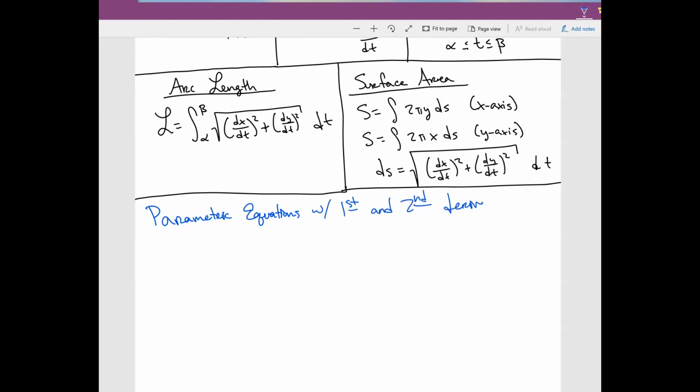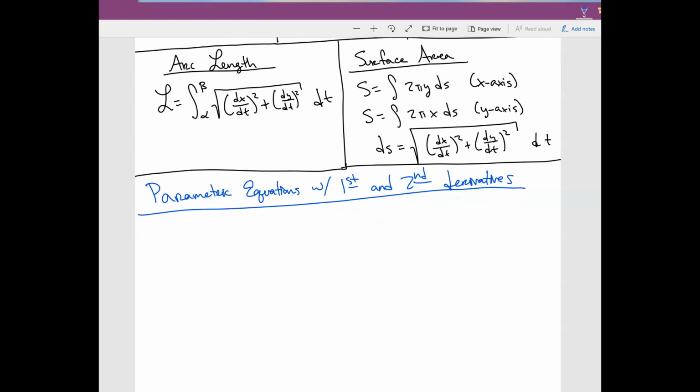I wrote down on top the first and second derivative formulas for these parametric equations. They're not really difficult to derive. The formula for the first derivative is basically the derivative with respect to t of y divided by the derivative with respect to t of x.